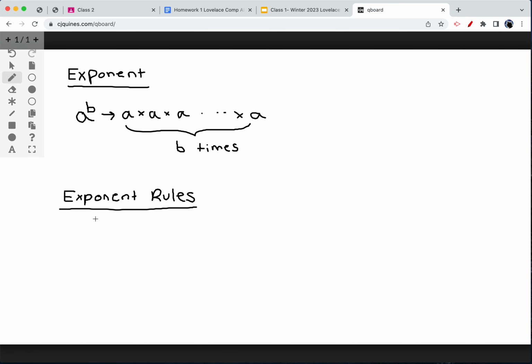So the most important exponent rules are a to the power b times a to the power c is equal to a to the power b plus c.